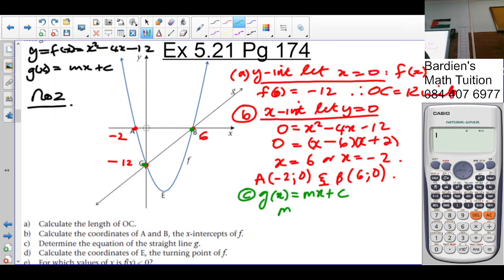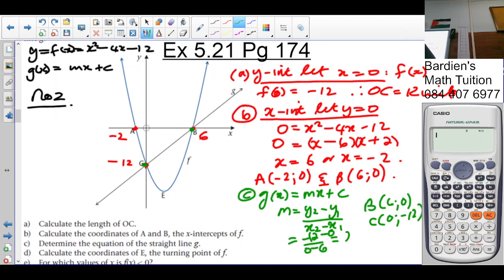The gradient, how do you work out gradient? y2 minus y1 over x2 minus x1. So B is going to be 6 and 0, and C, which is 0 and negative 12. So it's negative 12 minus 0 over 0 minus 6, which is 2. What is your y-intercept? Minus 12, which makes your c value minus 12, not so?